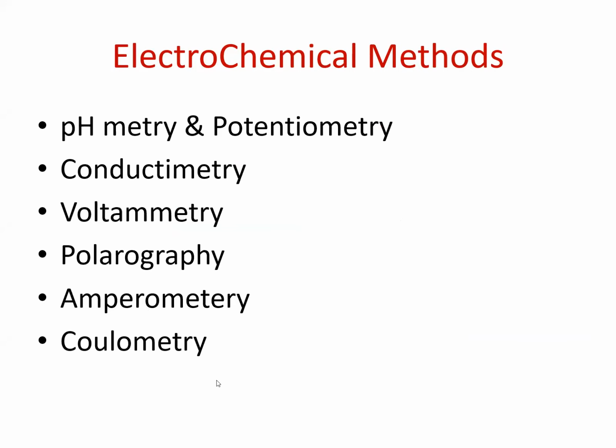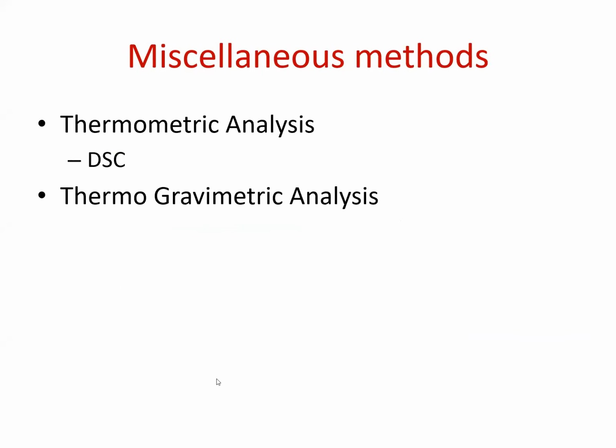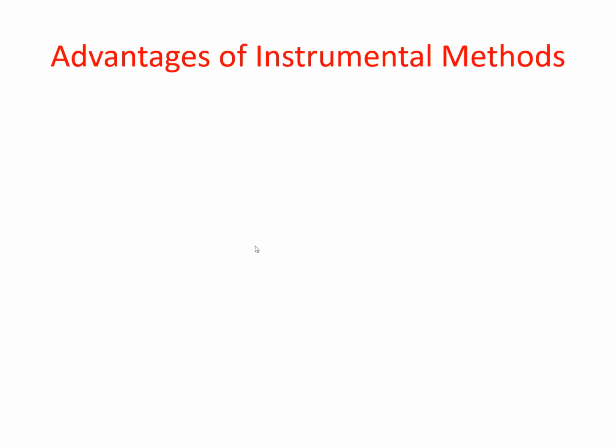We have electrochemical methods. And then miscellaneous type of methods would involve thermometric analysis, the DSC, differential scanning calorimetry, or thermogravimetric analysis, TGA.